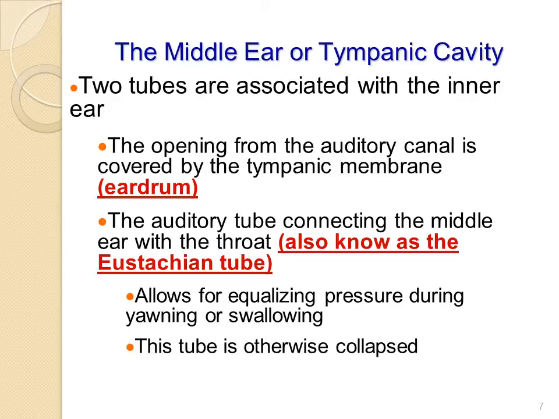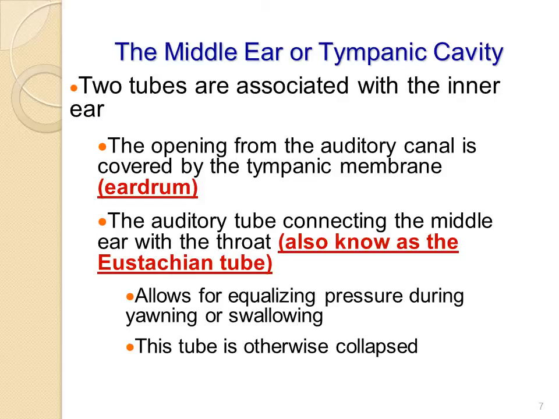This Eustachian tube can be inflamed or infected and cause pain in the middle ear, because it is connected with the throat by this tube, also called the Eustachian tube.